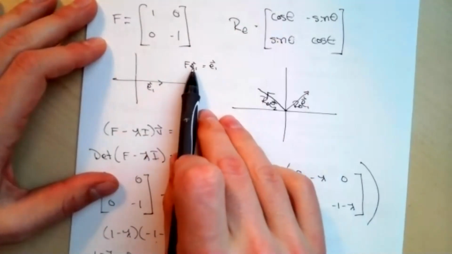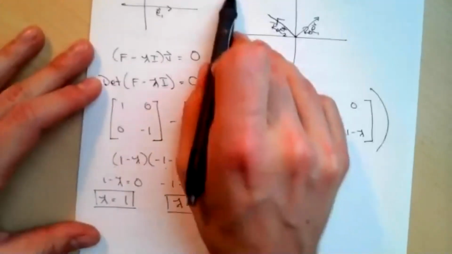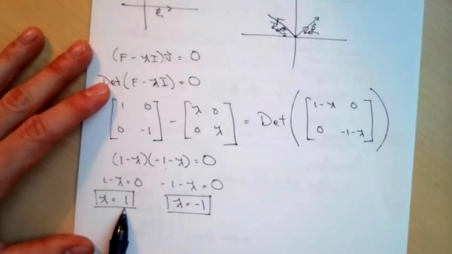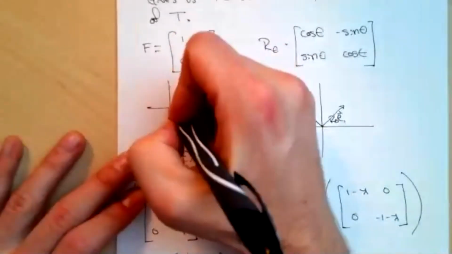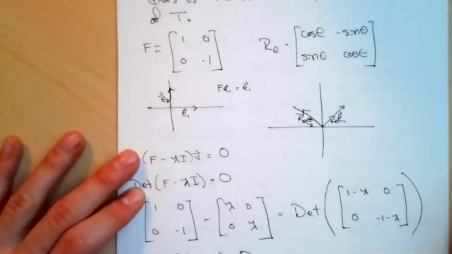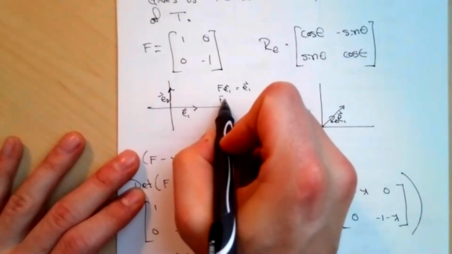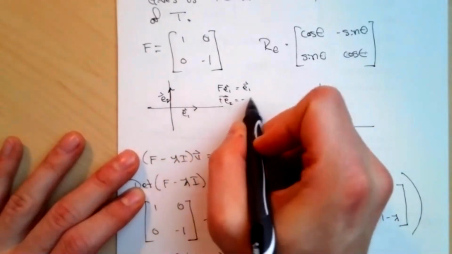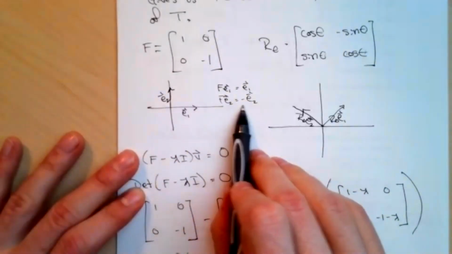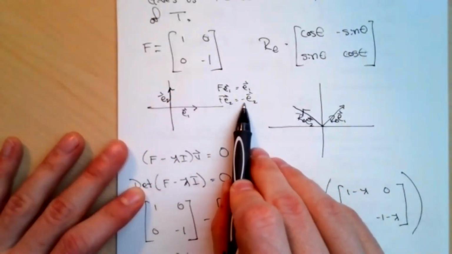So this is 1 times our E1. So we should expect this E1 to be associated with this eigenvalue of 1. And likewise, what happened to our E2? That is the dimension that we flipped. So our scalar multiple of E2 ends up being negative E2.